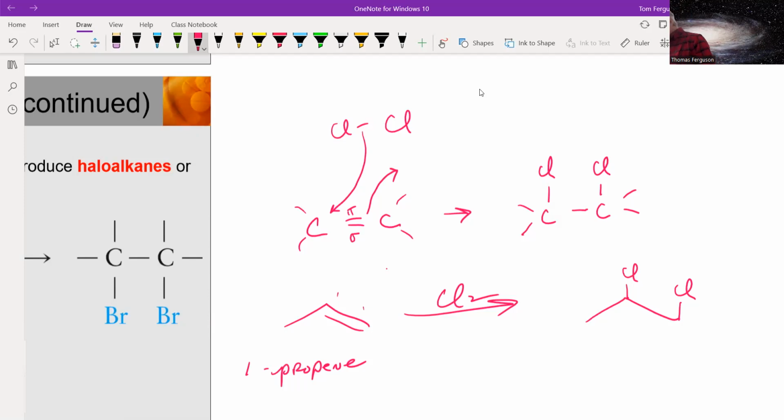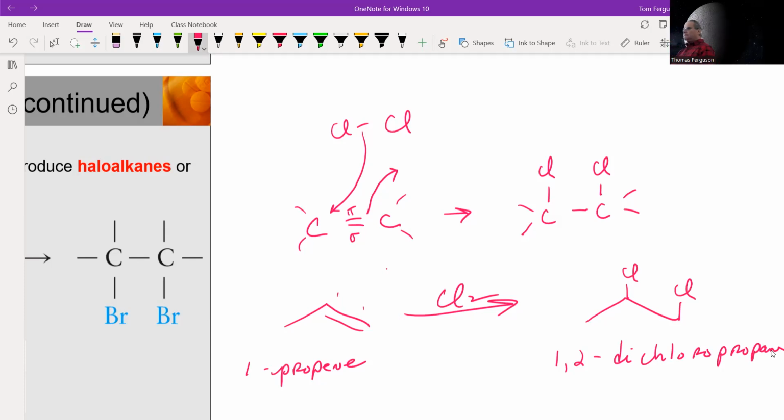So the name is 1,2-dichloropropane. So reactants, products, conditions. Every single reaction: name the reactants, name the conditions, name the products for full credit on a reaction problem.